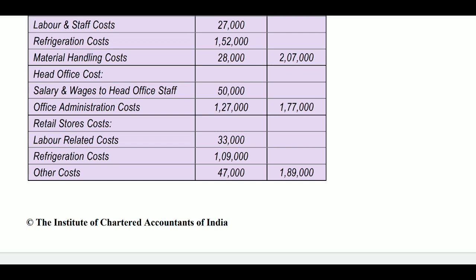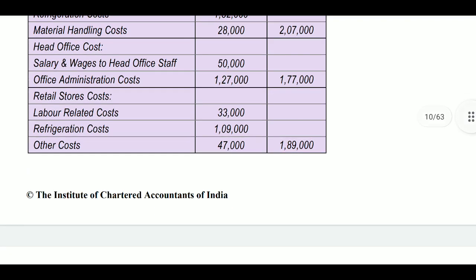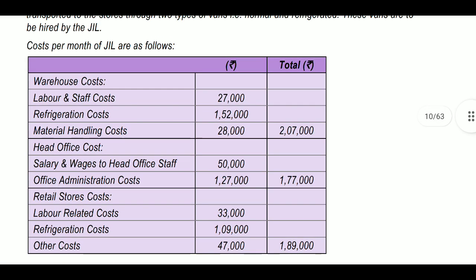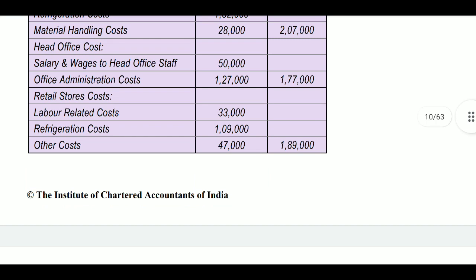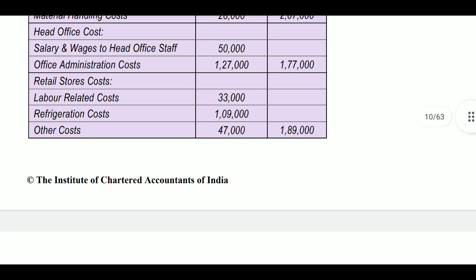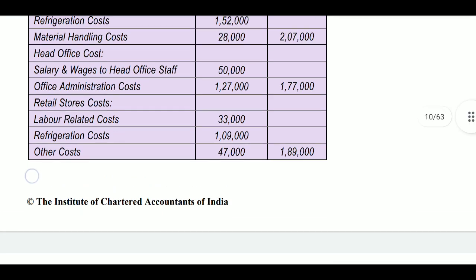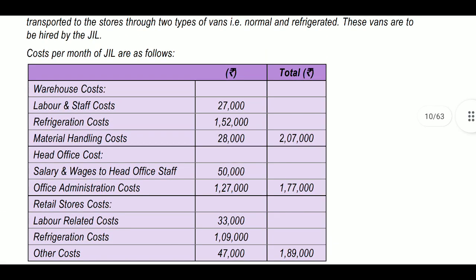After the warehouse cost, they provided retail store cost: labor related cost 33,000, refrigeration cost 1,09,000, which will be taken separately, and other general cost 47,000. So 33 plus 47 is 80,000, and 1,09,000 will be separate. Here also it is the same: 27,000 plus 28,000 is 55,000 on one side, and 1,52,000 on the other side.